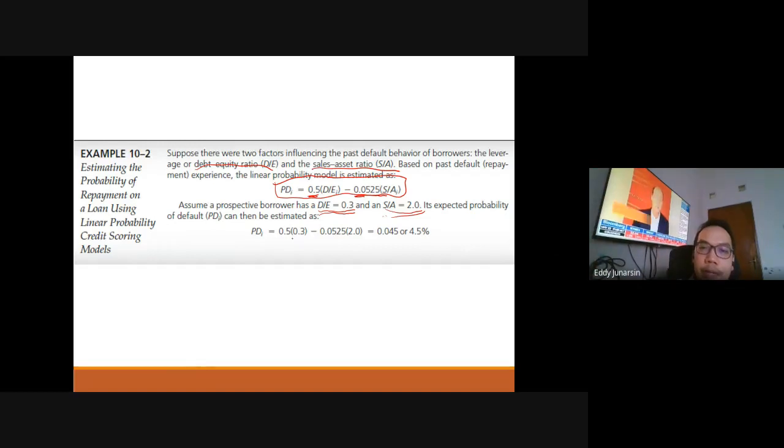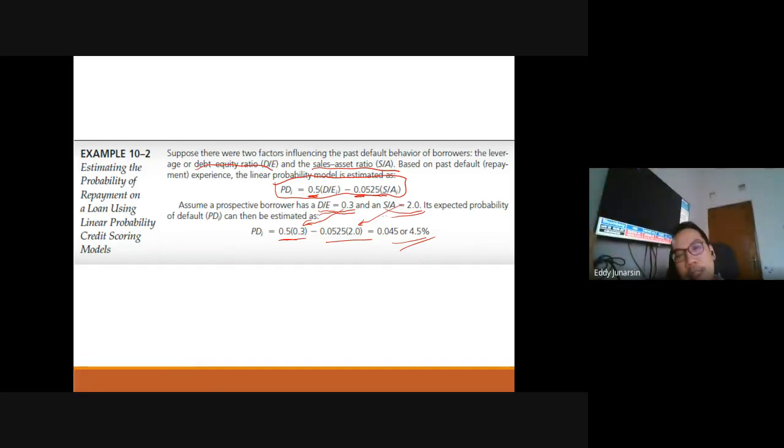You plug the number in, right? 0.5 multiplied by 0.3, and then minus 0.05 times 2. So you get 4.5%. This is the probability of default of the potential borrower that comes to you, if the debt to equity ratio is 0.3 and the sales to asset ratio is 2. Right? Any question about this one? Simple regression method.